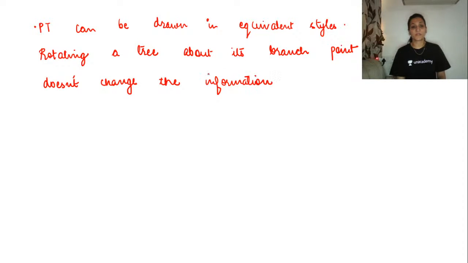That is the important thing. You draw it this way, you draw it that way, it is going to tell you the same thing. These are the basic points related to the phylogenetic tree which you must know.